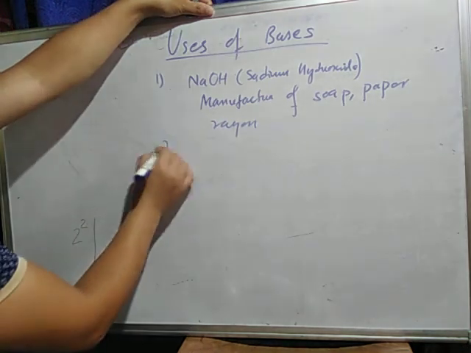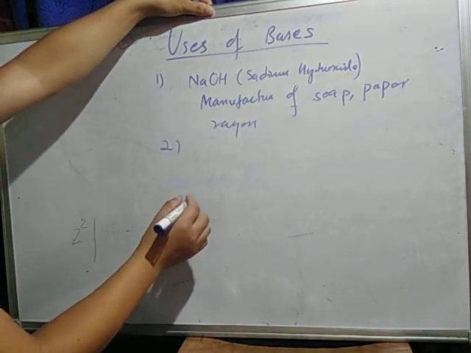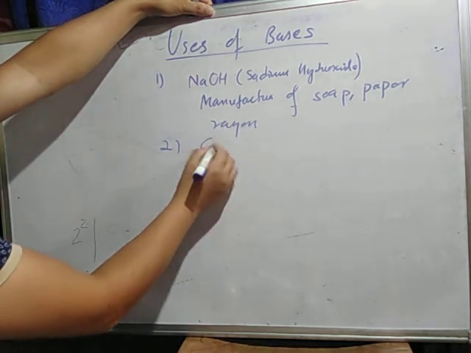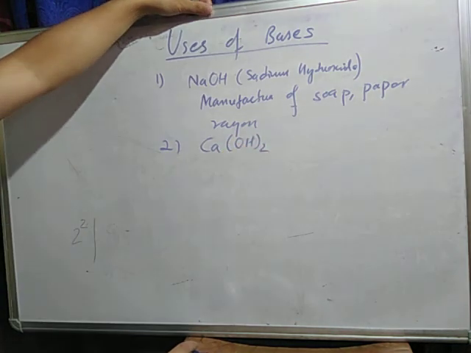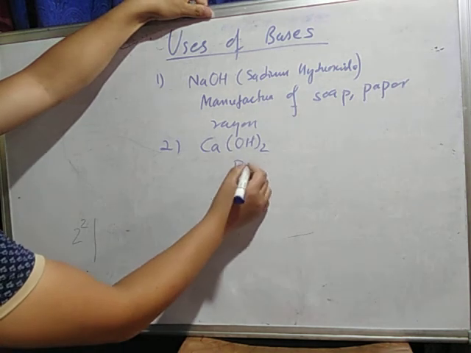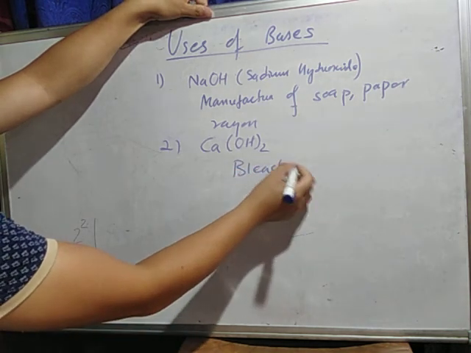Clear? So second one is your calcium hydroxide. Calcium hydroxide. So write down, is used in manufacture of bleaching powder.